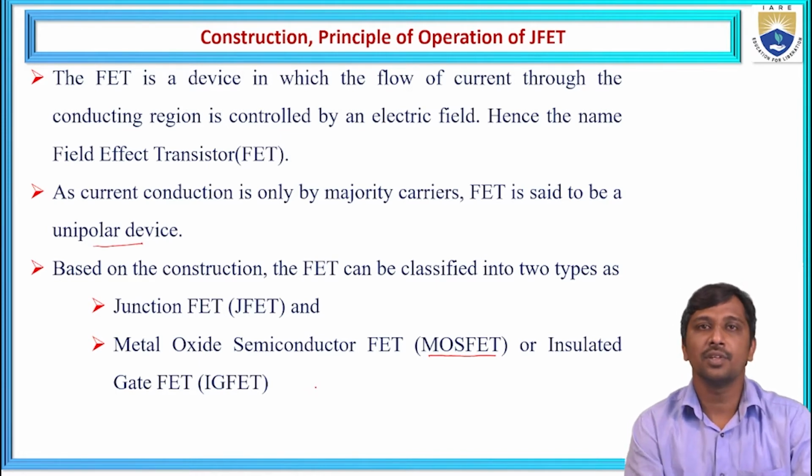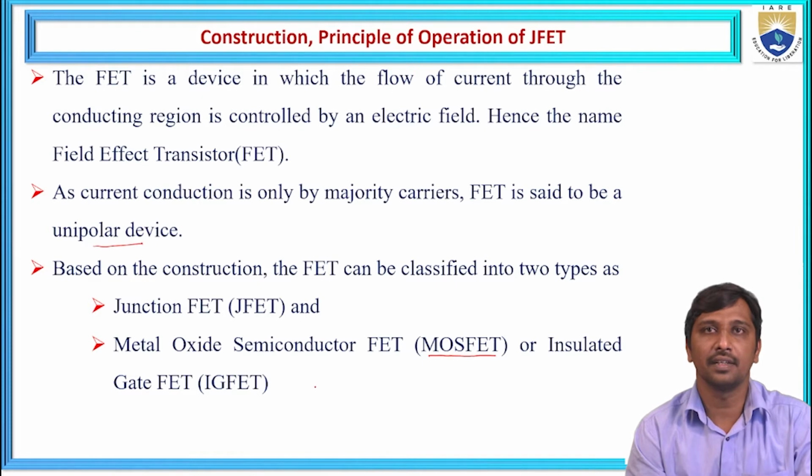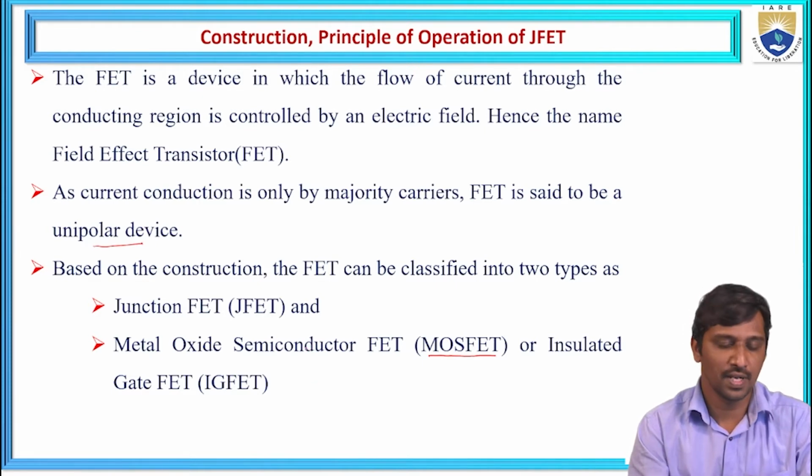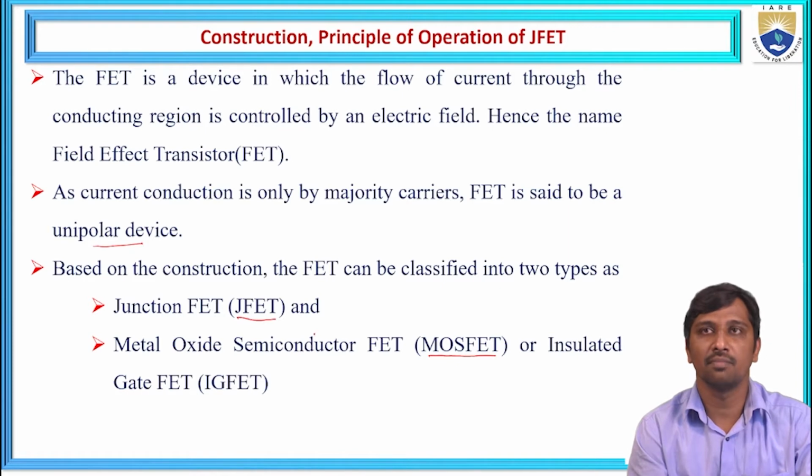Hence, based on the construction of the FET, we defined two types: one is the junction field effect transistor, also called JFET, and another one is MOSFET, that is metal oxide semiconductor field effect transistor.